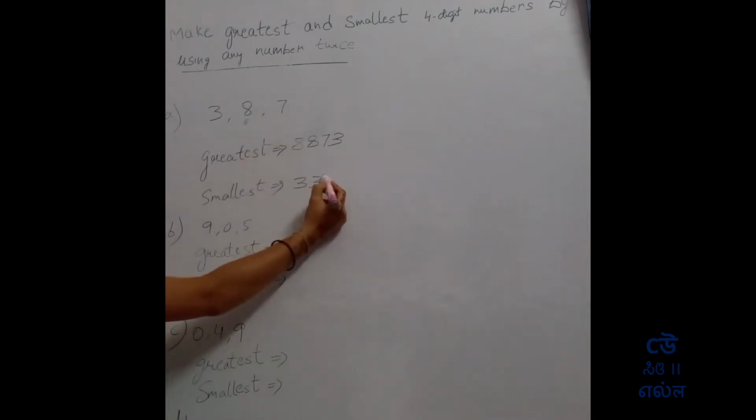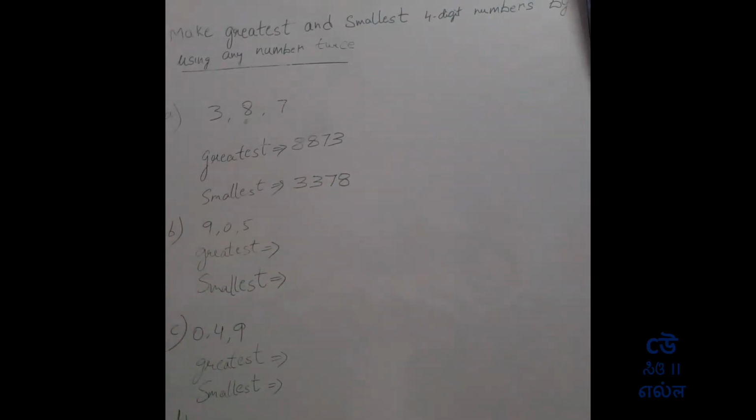The next smallest is 7, then 8. So the number we formed is 3378. Got it children? Next problem.